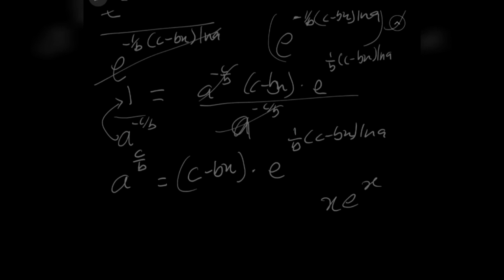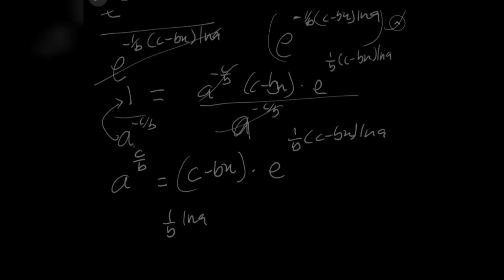If you check these two terms, you can see the only difference between them is the 1 over b and the natural log of a, right? So we have to introduce a 1 over b multiplying the natural log of a to this term. That means we multiply both sides by 1 over b ln of a.